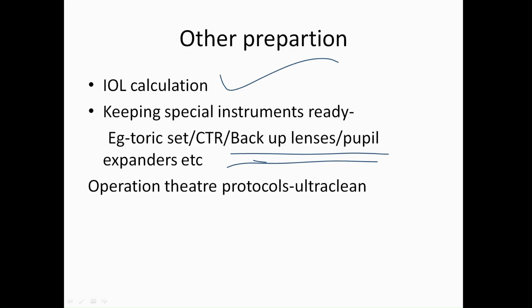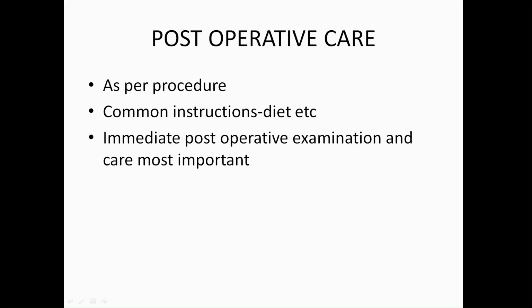Then you may have to keep a CTR or a backup lens, pupil expanders if the pupil is not expanding, a toric set if there is a toricity. Operation theatre protocols should be followed, complete ultra clean operation theatre, and subsequently we go ahead with the surgery, do the surgery of choice of the patient with full informed consent.